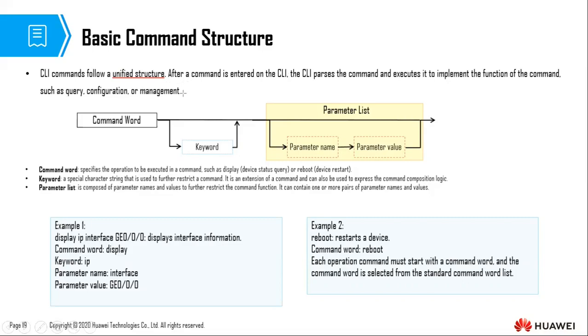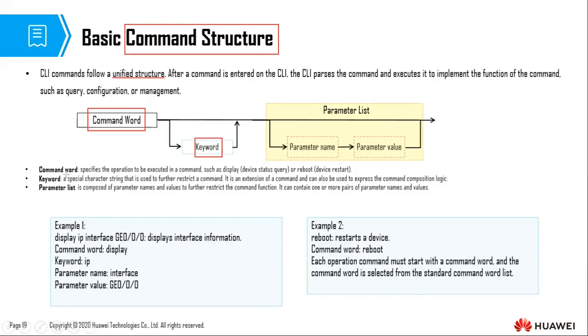This is the syntax of a Huawei command. So this is the command structure. The command structure begins with a command word. You can only have one command word. After the command word, you have the keyword.